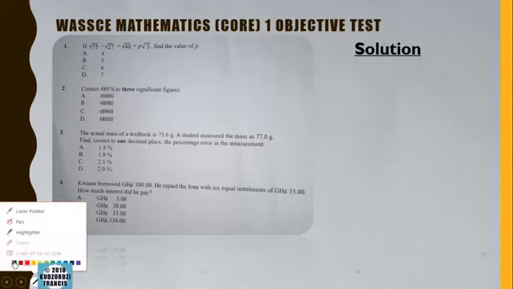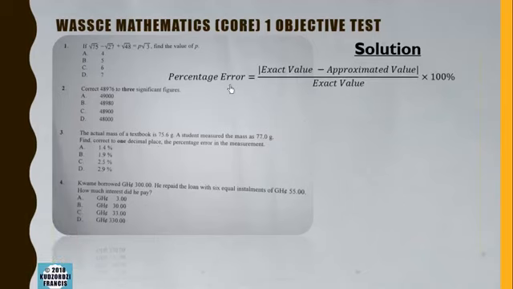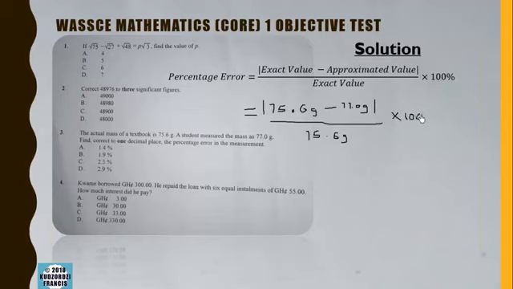Then we have this, that we want to find a percentage error. So percentage error is the exact value, which is 75.6 grams, minus the approximated value, which is 77.0 grams, all over the exact value. So we are finding the absolute value of that over the exact value times 100%.